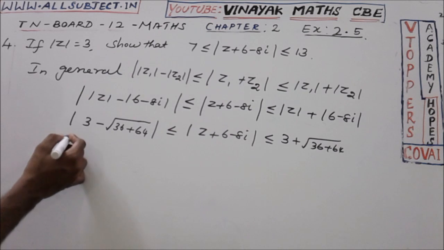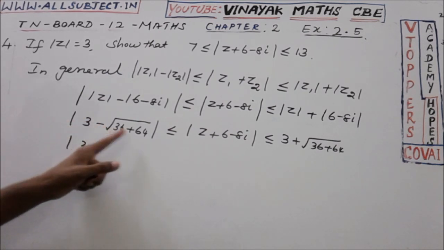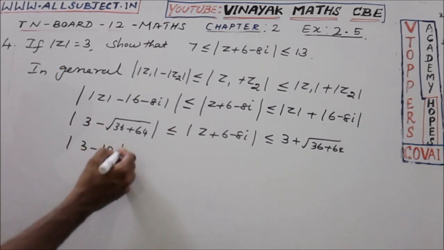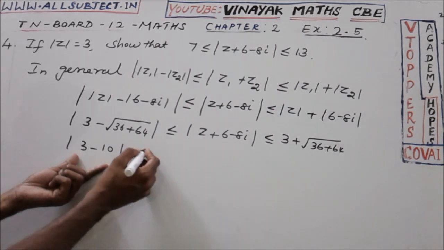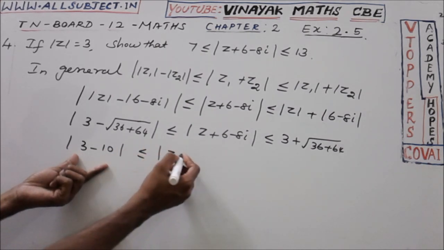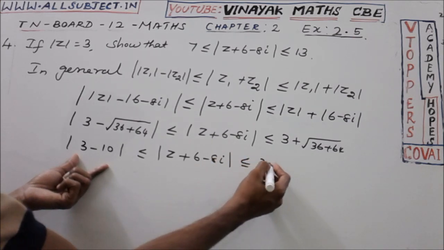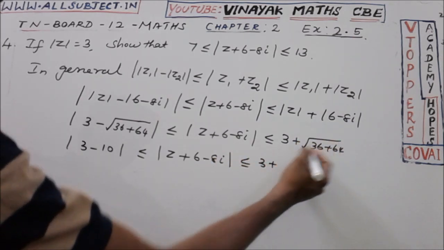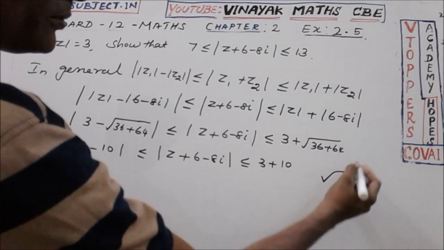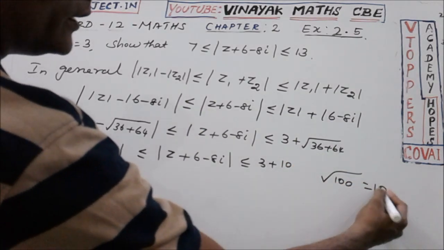Now simplify this. Root of 100 is 10. So modulus of 3 minus 10 is less than or equal to modulus of z plus 6 minus 8i, less than or equal to 3 plus 10. Root of 36 plus 64 is root 100, which equals 10.